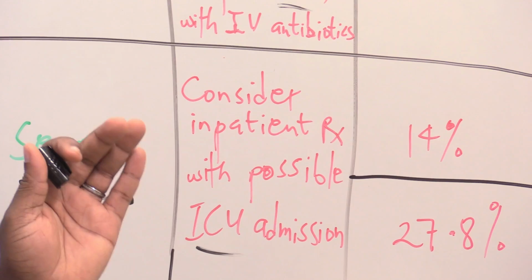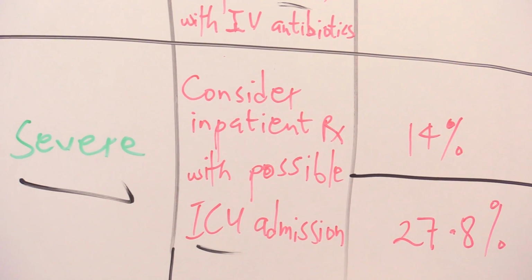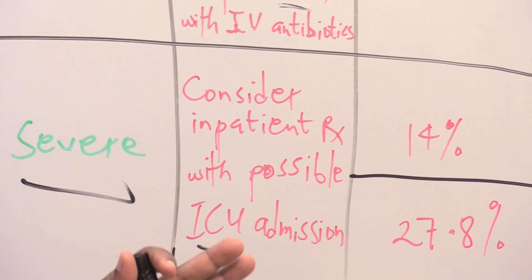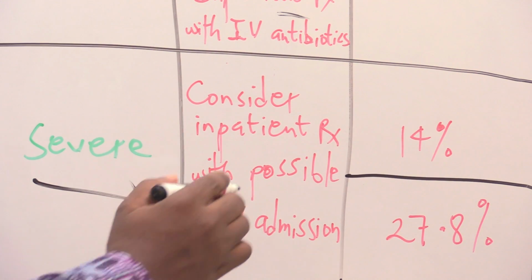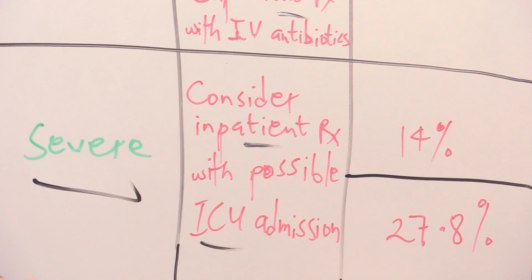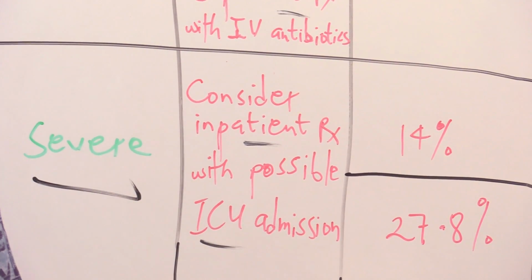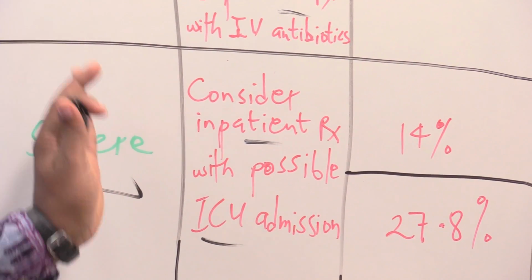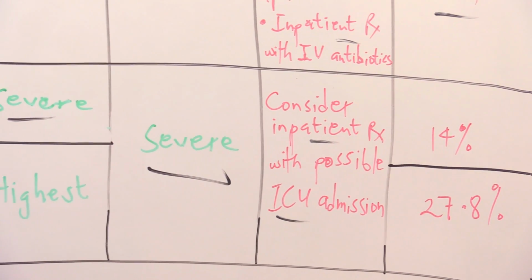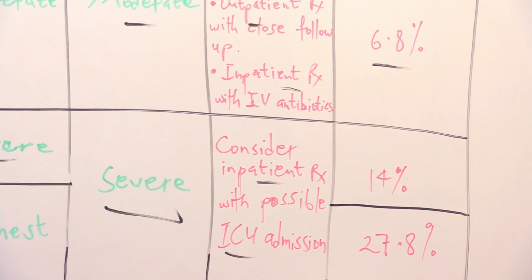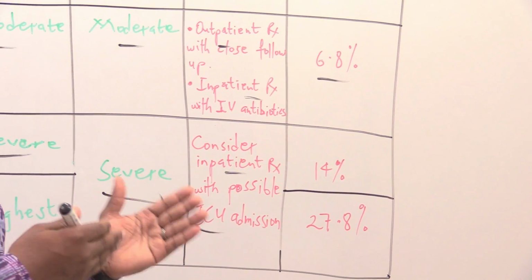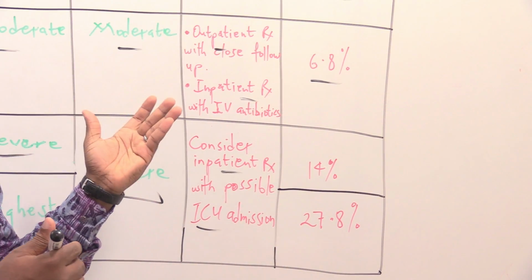Again, if the total score is greater than or equal to 3, you consider inpatient treatment with intravenous antibiotics with a possible intensive care unit admission, meaning that it's of severe severity. And for the 30-day mortality, it's going to be the greatest in comparison with the other two.